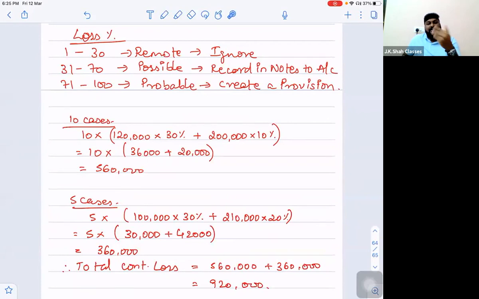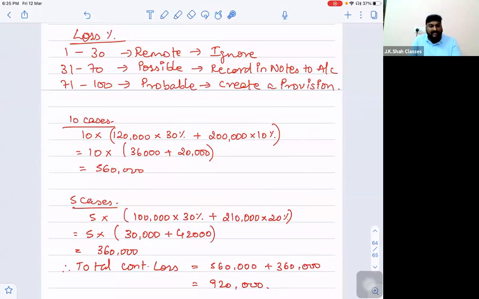So what is the percentage of low damage loss? Sir, 30% chance. And what is the chance of high damage loss? 10%. So overall total 40% chance of loss. Yes, sir. Right. And since the percentages are given, I multiply them with the respective loss figures.